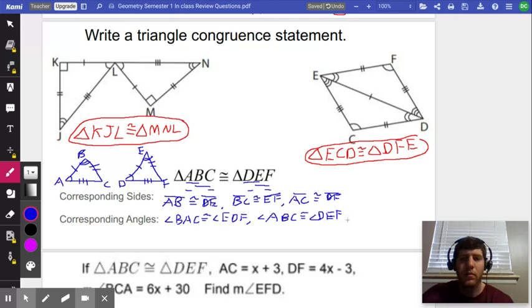And then angle BCA is going to be congruent to angle EFD. You could have also said just angle A is congruent to angle D, angle B is congruent to angle E, and angle C is congruent to angle F. That would have been fine as well.